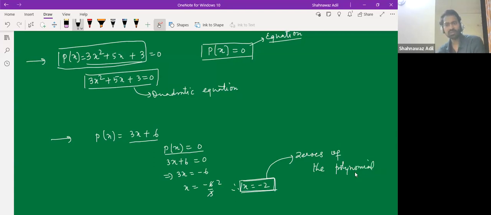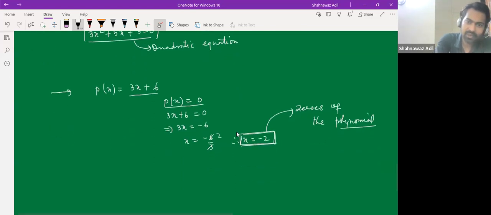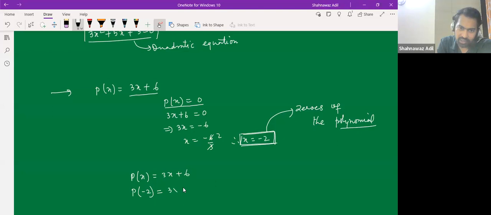Why zeros? Because if I put x equals minus 2 in here, I'll get p(x) equal to 0. Let us check that. Let p(x) be 3x plus 6. If I put x equal to minus 2, this would be 3 into minus 2 plus 6, which is minus 6 plus 6, which is 0.